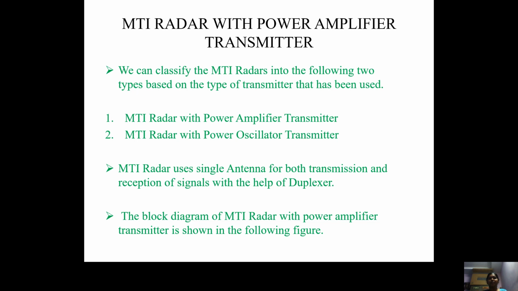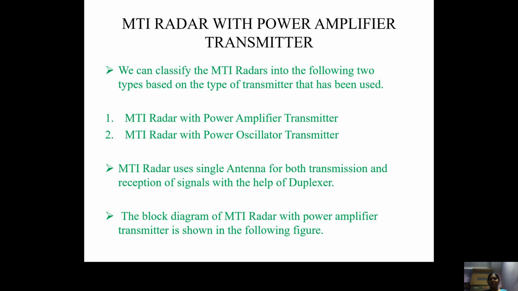So here, based on the design available in the MTI radar in modern usage, MTI radars are classified into two types: MTI radar with power amplifier transmitter and MTI radar with power oscillator transmitter.